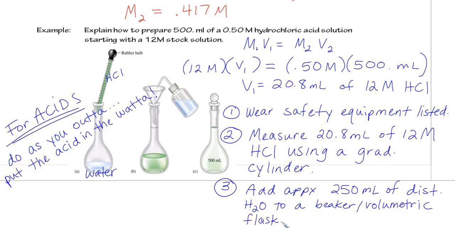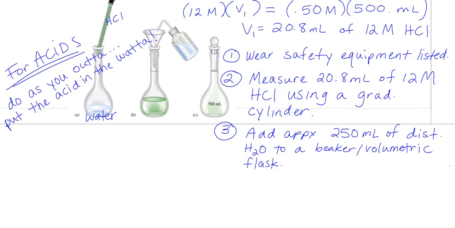So I'd fill that maybe about halfway. Then I would add my acid. Do as you oughta. Put the acid in the water. Add the acid to the water. And swirl it around so that, again, the water will absorb the heat. We'll put that down too.